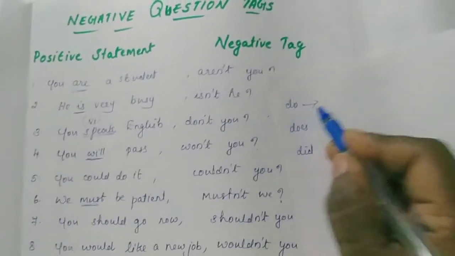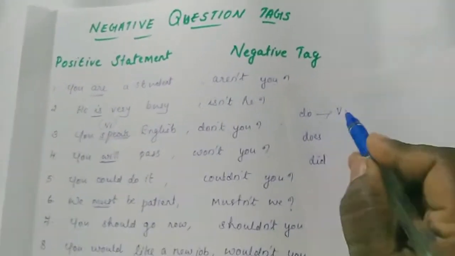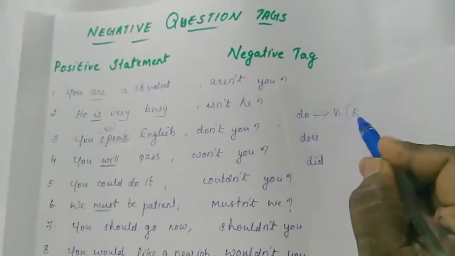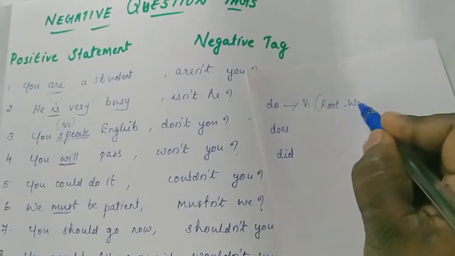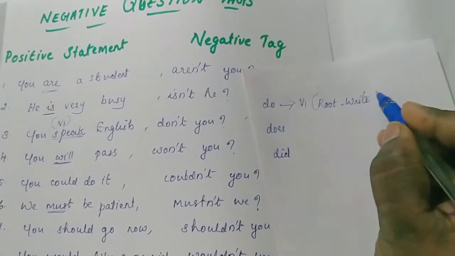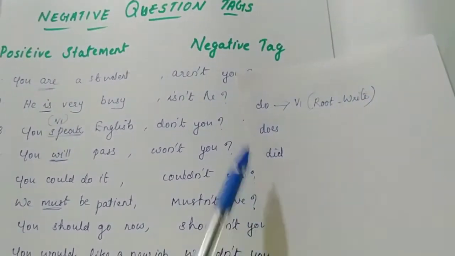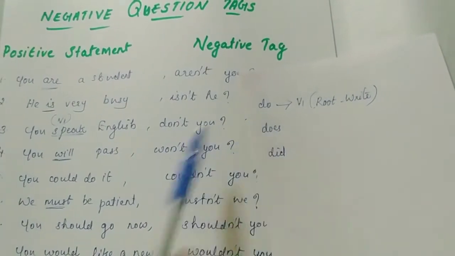If the verb of that sentence is in the V1 form or the root form, for example write, which auxiliary do we take? Do.